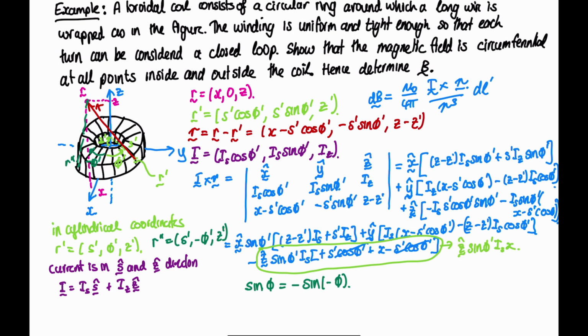So the x term and the z term are going to cancel each other out. On the other hand, the y term, we don't get that cancellation because we've got cos phi prime, and cos of negative phi is the same as cos of phi. So those ones don't cancel out. So this tells us that the x and z components cancel, and we are left with y.